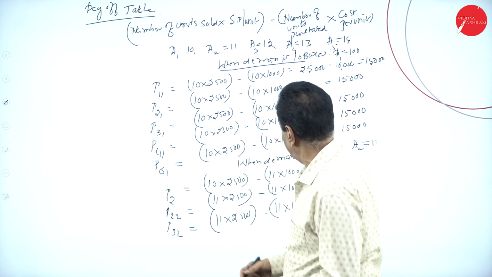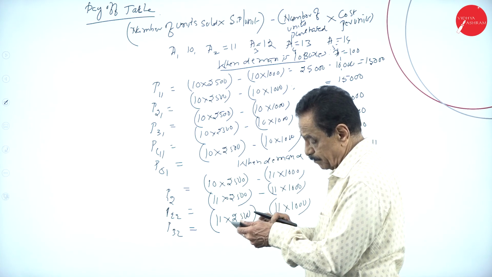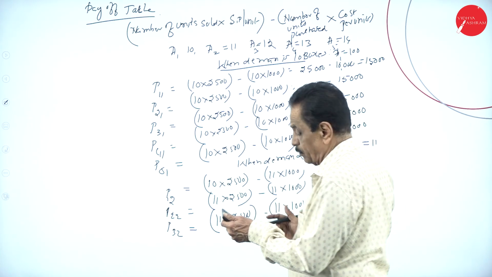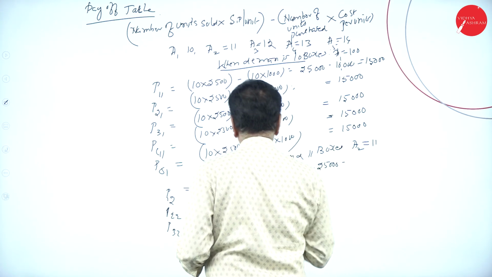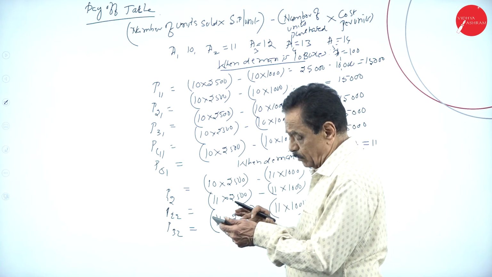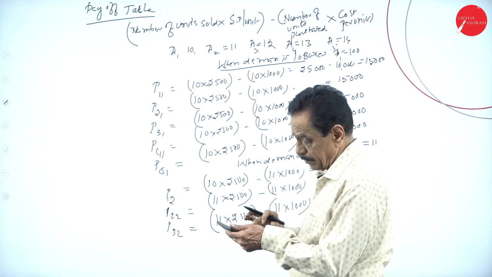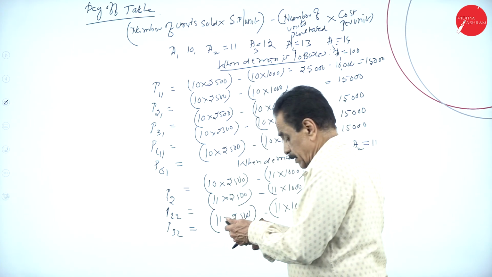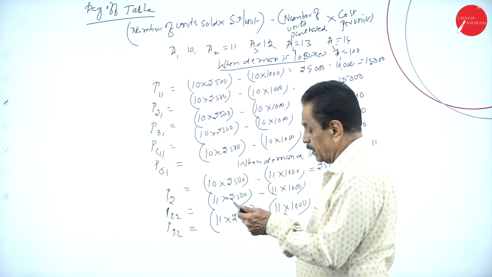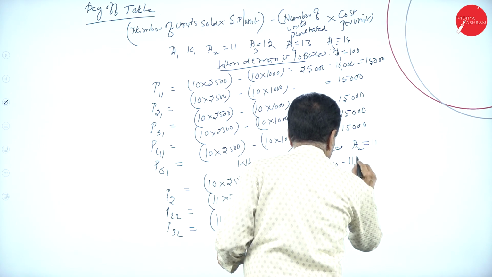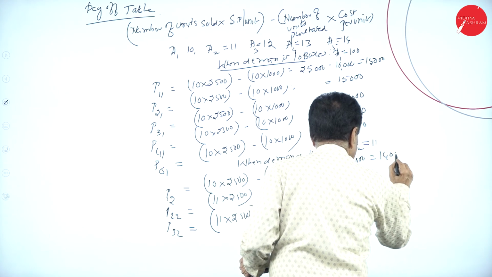We'll multiply this. 10 into 2,500, 25,000, minus 11 into 1,000, 11,000. 25 minus 11 is 14,000.